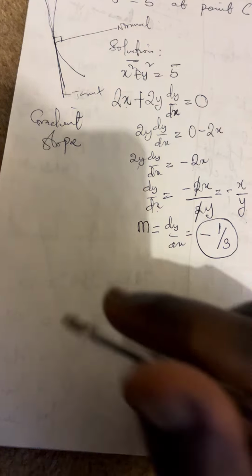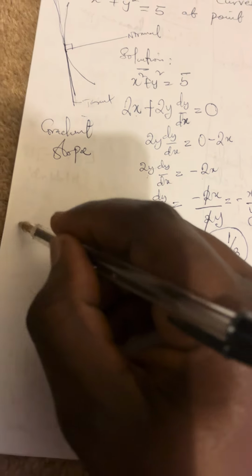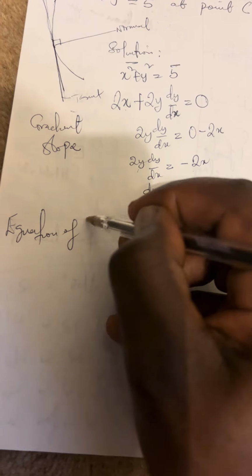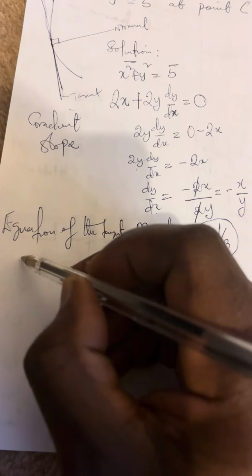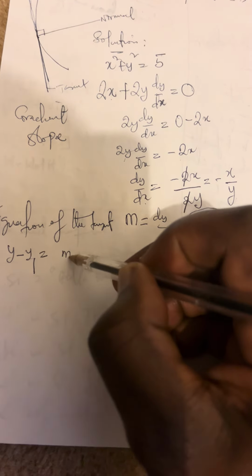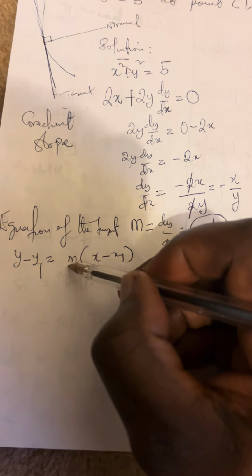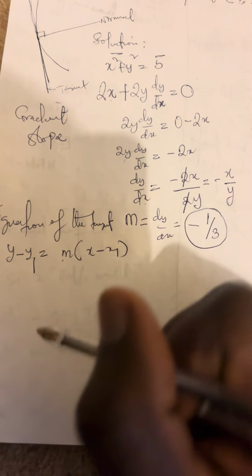So looking for the equation of the tangent now, the formula is y minus y1 equals m bracket x minus x1. This m is the slope, or the gradient, or the differentiation of the curve.